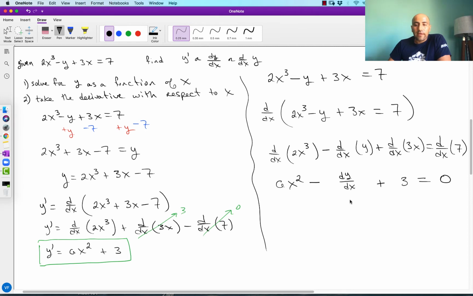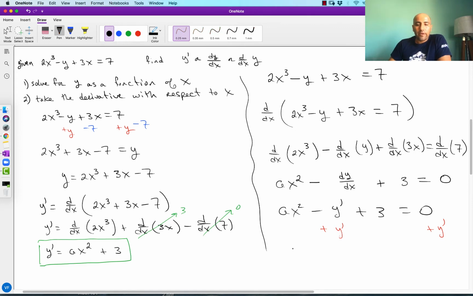All right, and note that once we have this, well, this notation is awkward, but it's the derivative, right? So we can just go back to this notation, y prime plus 3 equals 0. And now all we have to do is solve for y prime. Okay, so I'm going to add y prime to both sides, like any other variable, solve for y prime. So plus y prime, plus y prime.